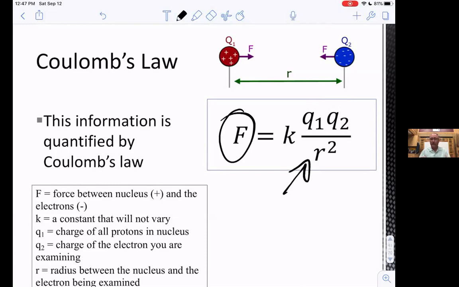So if it were a cation and an anion, it would be the distance between those two charged atoms or ions. So that's what those mean. The K is a constant for what you're working with, but you don't need to worry necessarily about the K value unless you were given it. But we really want to just use Coulomb's law to describe the behavior that we're seeing rather than doing straight up calculations of what that force is.